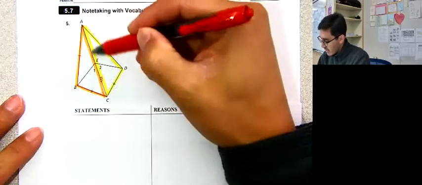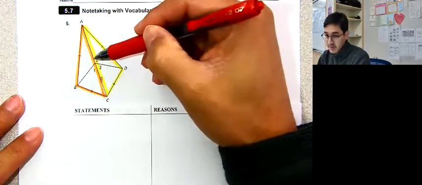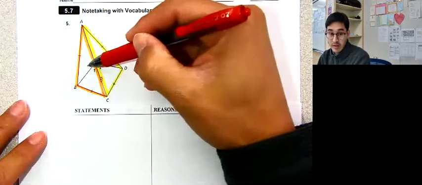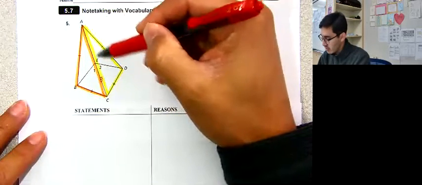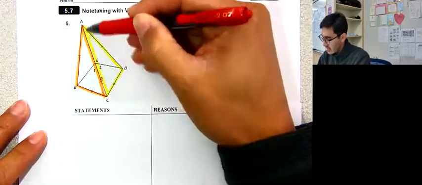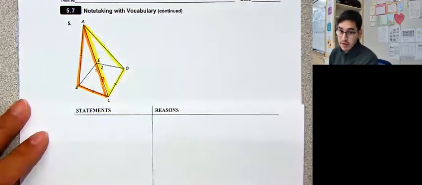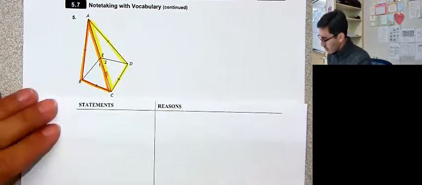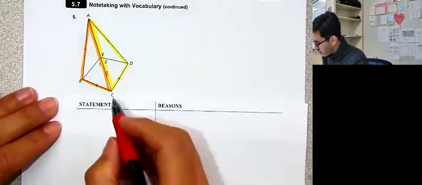The segment AC is just one segment, but it's a side in the orange triangle and a side in the yellow triangle. So by the reflexive property, that long side AC is congruent within both triangles.